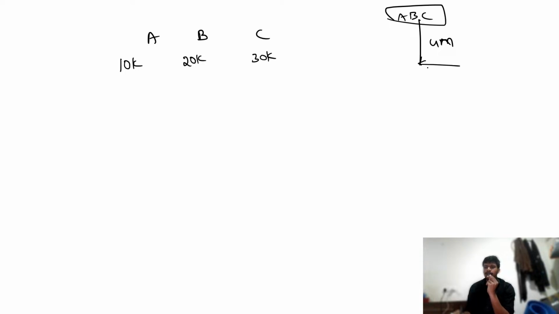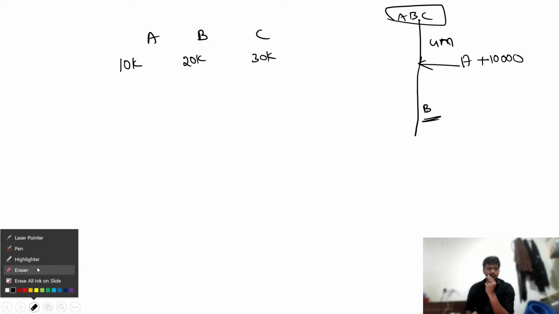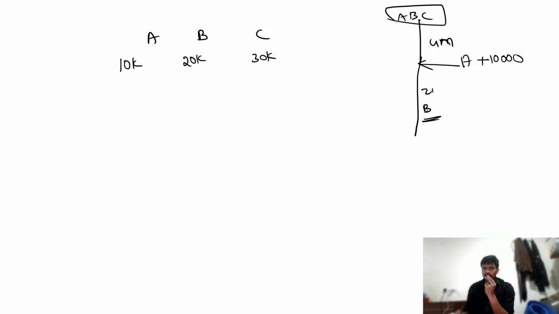There is no change in B's and C's investment. Or if you want to make it difficult, we'll add B also. After 2 more months, that means from starting this is 6 months, B has taken out 5,000 from the business.